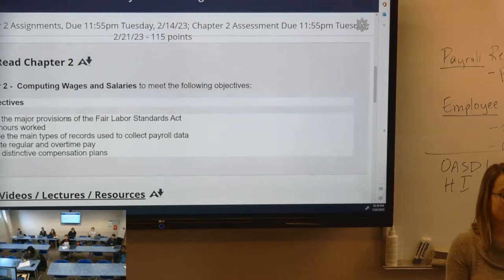So we're also going to delve more deeply into the Fair Labor Standards Act. We kind of skimmed that a little bit. We're going to talk a lot more about it in chapter 2. We're going to define hours worked. Seems like it should be a pretty easy thing to define, right?